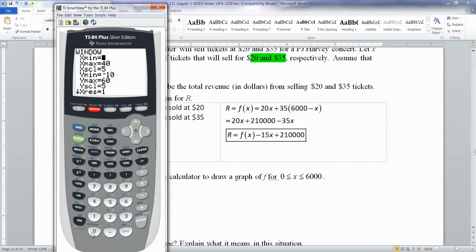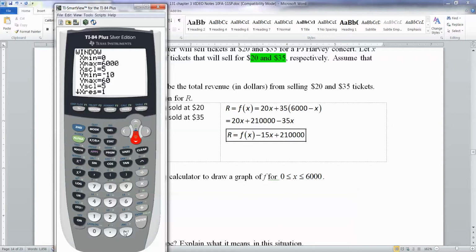So I press window. I'm going to go 0 to 6,000. Okay. Now y in this case isn't the y from the 3,500. It's y for this guy, which is your capital R, right? Your revenue. So how much money are you going to make from this concert?